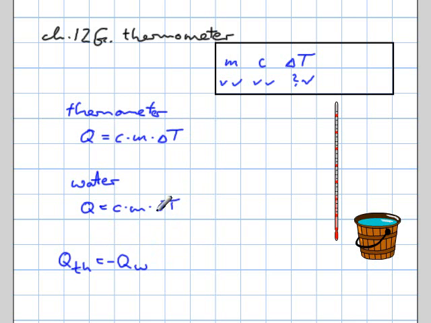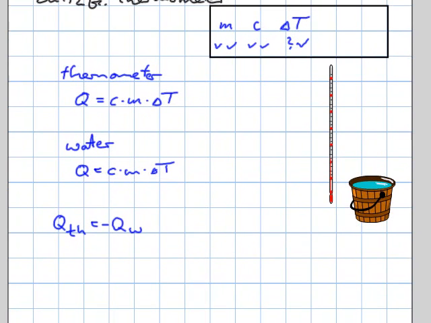This delta T is a temperature decrease, so the entire heat is negative. So I'm going to write it like this and plug everything else in. So it's C times M times delta T for the thermometer, and that equals negative C times M times delta T for the water.